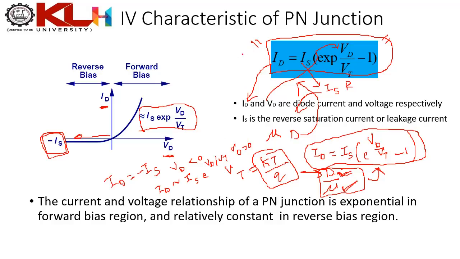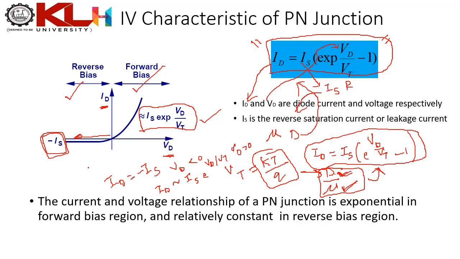This beautiful equation accommodates both conditions, reverse bias and forward bias. If you plug in appropriate values, you see that Id is equal to minus Is in reverse bias, and Id is Is times e power Vd by Vt in forward bias.